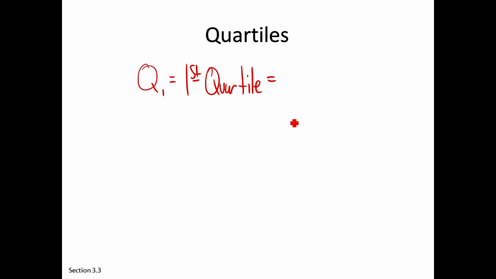If you're splitting your data into chunks of 25%, to be on the first quartile, what percentile do you have to be on? Splitting your data into fourths is the same as splitting it into what percentages? 25%. Yeah. So the first quartile would be the 25th percentile.